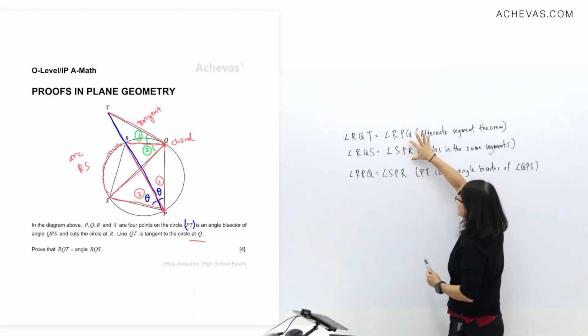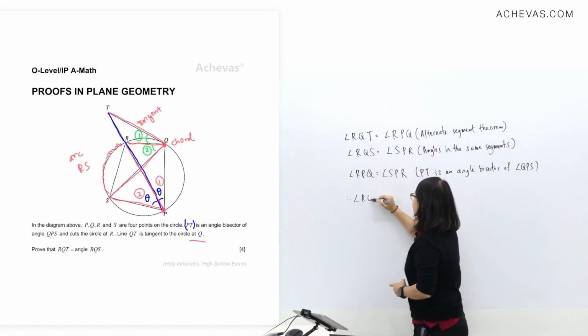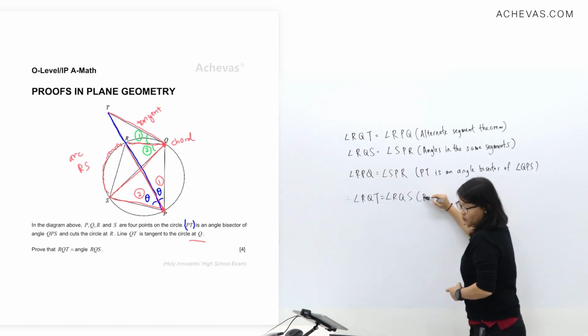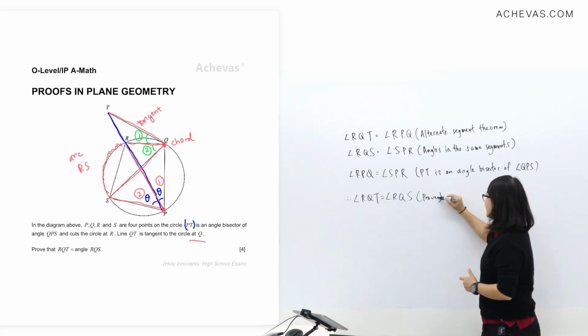And since these two are equal, these two must be equal then. This is what we're supposed to prove from the question. And it's proven.